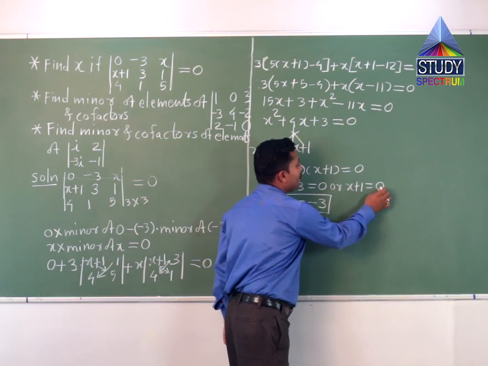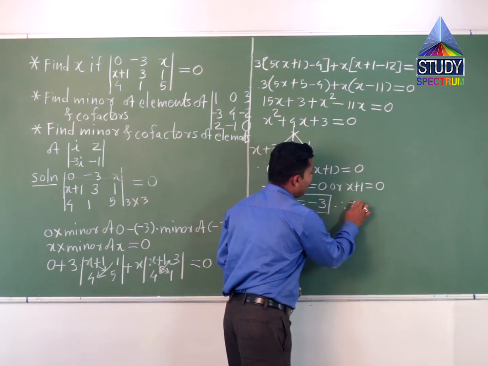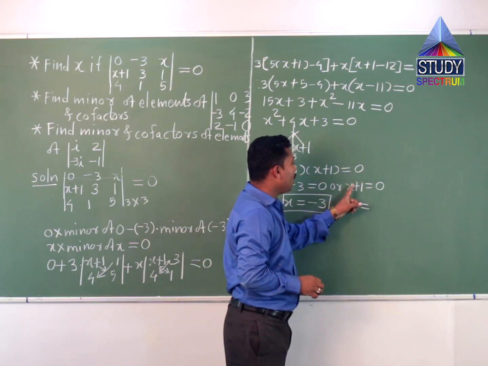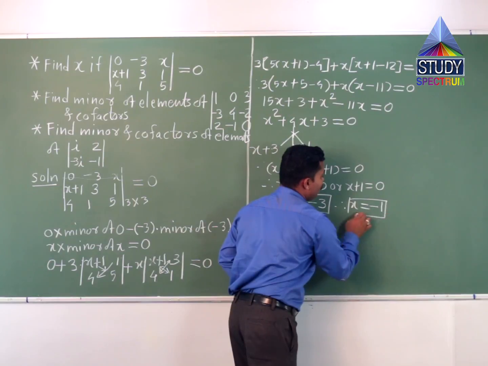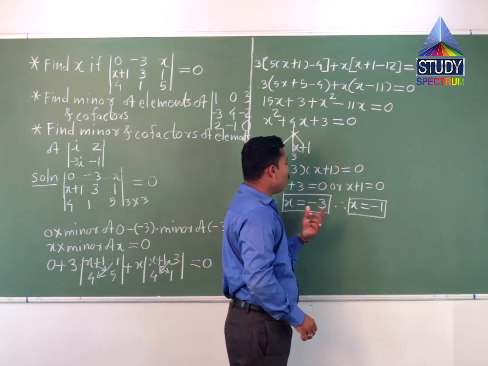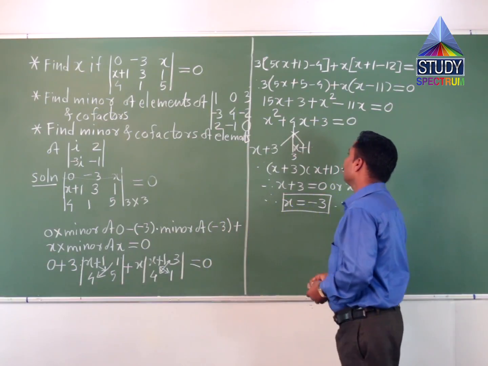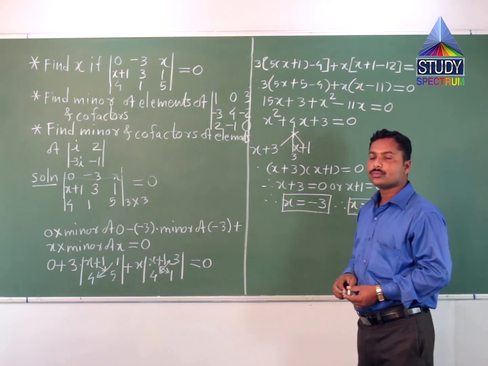This x plus 1 equal to 0, therefore what? x equals this plus 1 shifted to the right hand side, plus 1 becomes minus 1, so x equals minus 1. In this manner we get two values of x: x equals minus 3 and x equals minus 1, and we solve this problem.